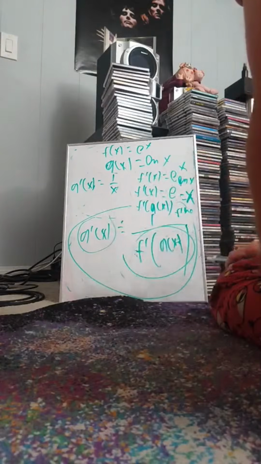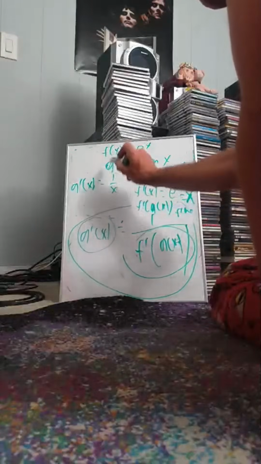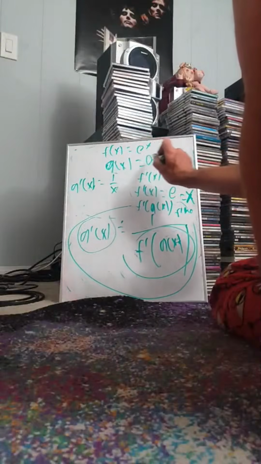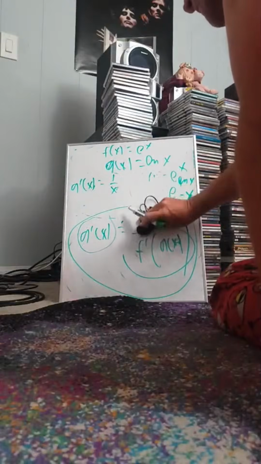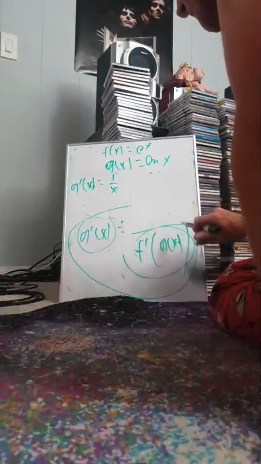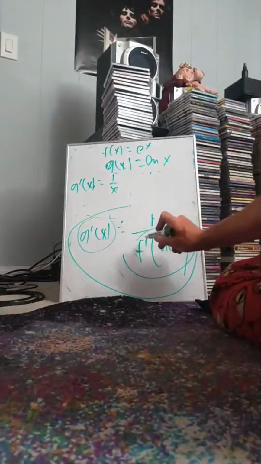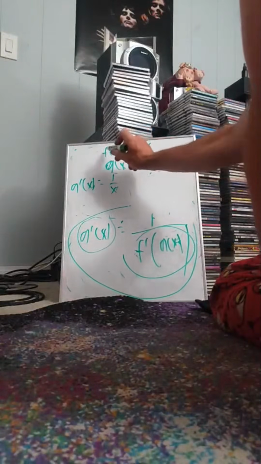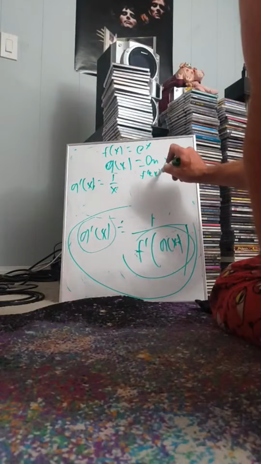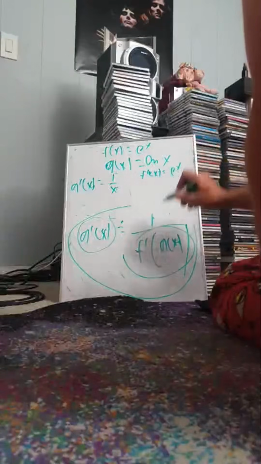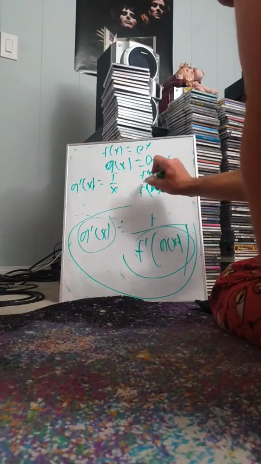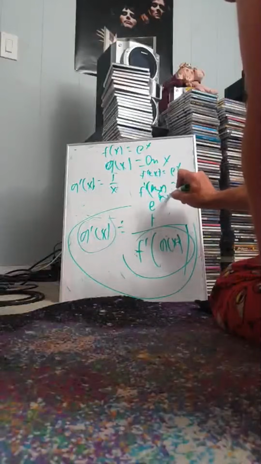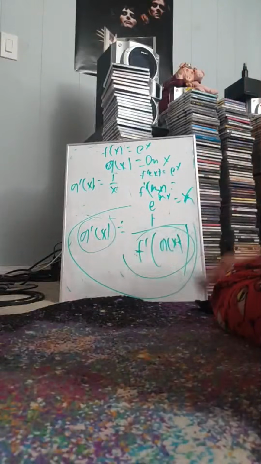g prime of x: g of x is logarithm of x, so g prime of x is 1 over x. But how about the f prime? I wrote that too big down there because I'm not having enough room to write it up here, but f of x is e to the x, so f prime of x equals e to the x. But f prime of g of x is f prime of logarithm of x, which is e to the logarithm of x, which is x. See that?